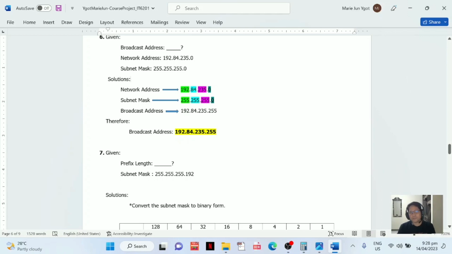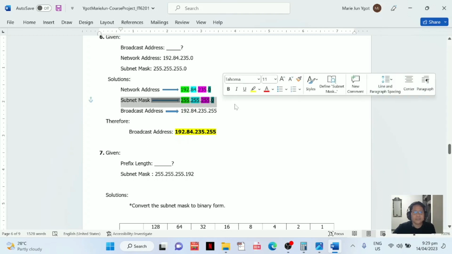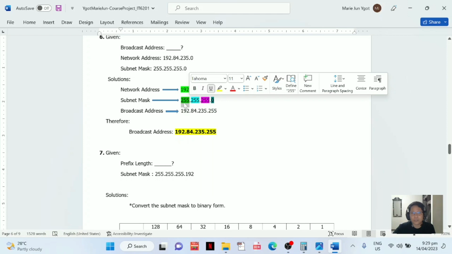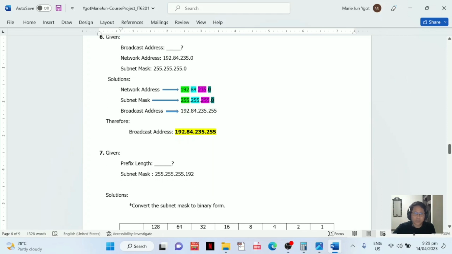If 255, we need to write down the network address on the octet. So just like here, this is our subnet mask. Our first octet in our subnet mask is 255, meaning we are going to write down the first octet also from the network address.